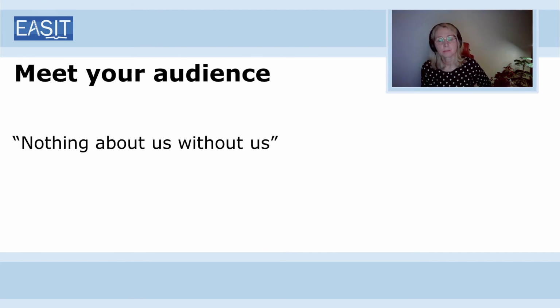Meet the audience. Nothing about us without us is a slogan used by disability rights organizations worldwide. It means involving users in the design and production processes. You can learn more about that in Unit 1. To make sure that your audience understands the news, you need to know them, and you must ask them about their needs and preferences.